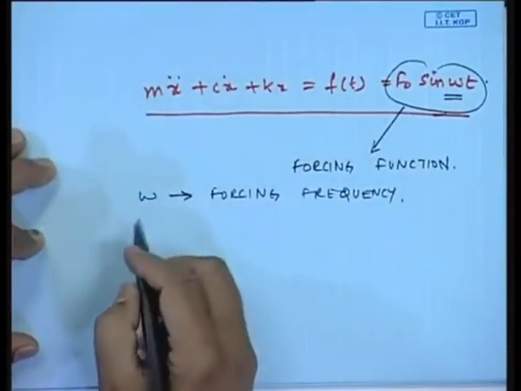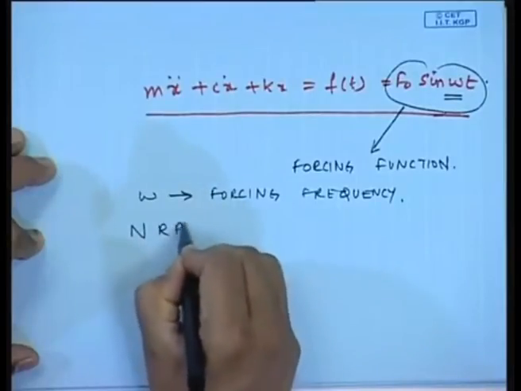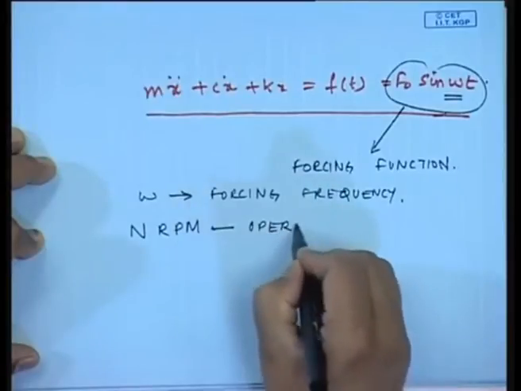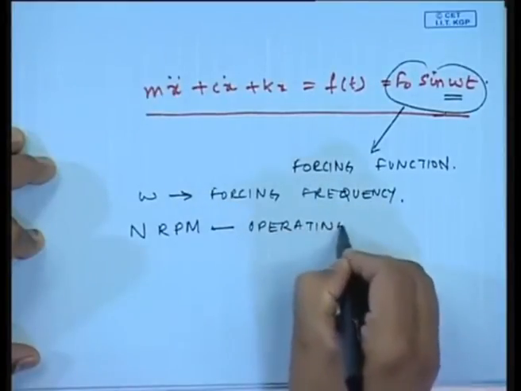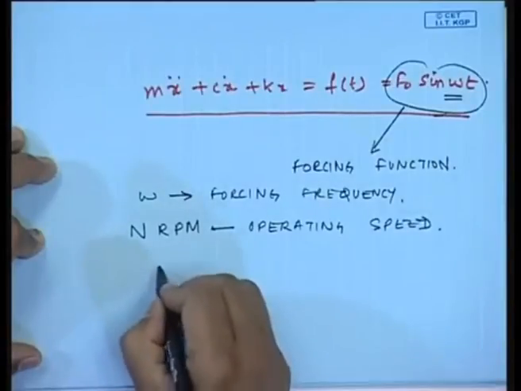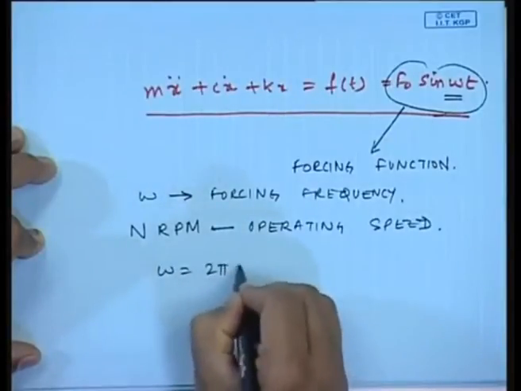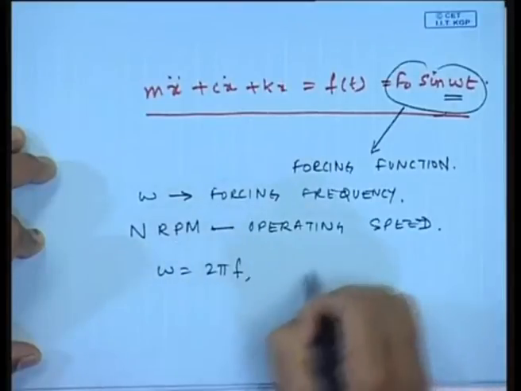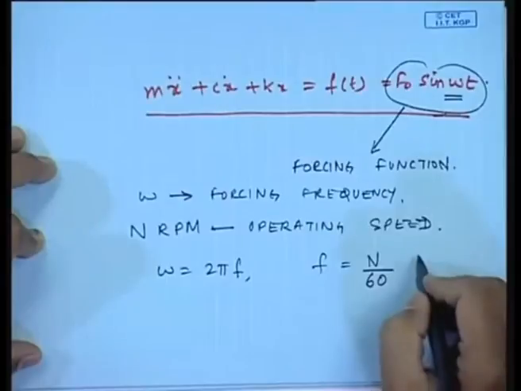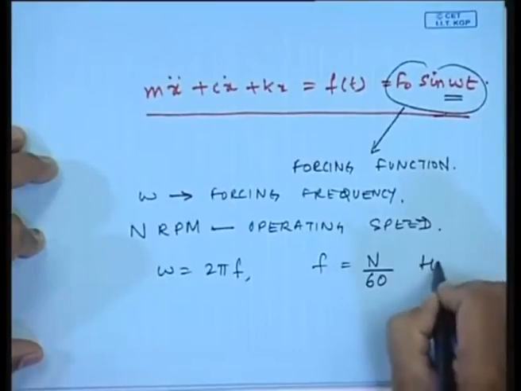So, if a machine is running at say n RPM as its operating speed, then this omega is equal to 2 pi f, and this f is nothing but n by 60 rotations per second or hertz.